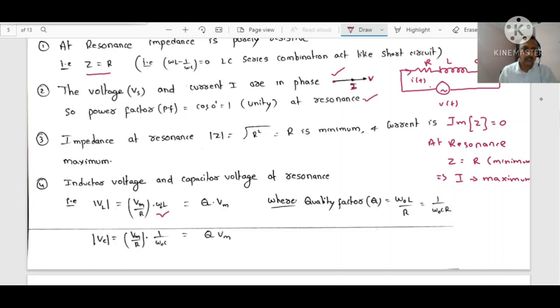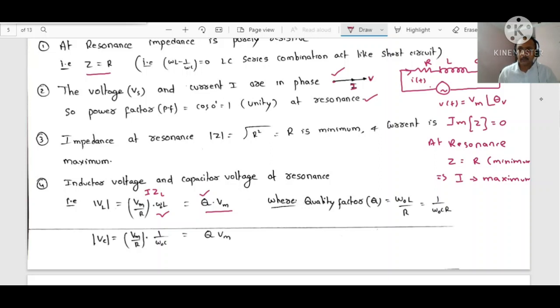Omega naught L. Current into reactance, just simply V equals I Z. This is the impedance of the inductor, omega naught L. But if you observe, omega naught L by R indicates what? Quality factor. So the voltage across the inductor will be Q times the Vm value. What does Vm mean here? V of t equals Vm at an angle theta V. Very, very important, dear students. The voltage across the inductor will be quality factor times Vm.